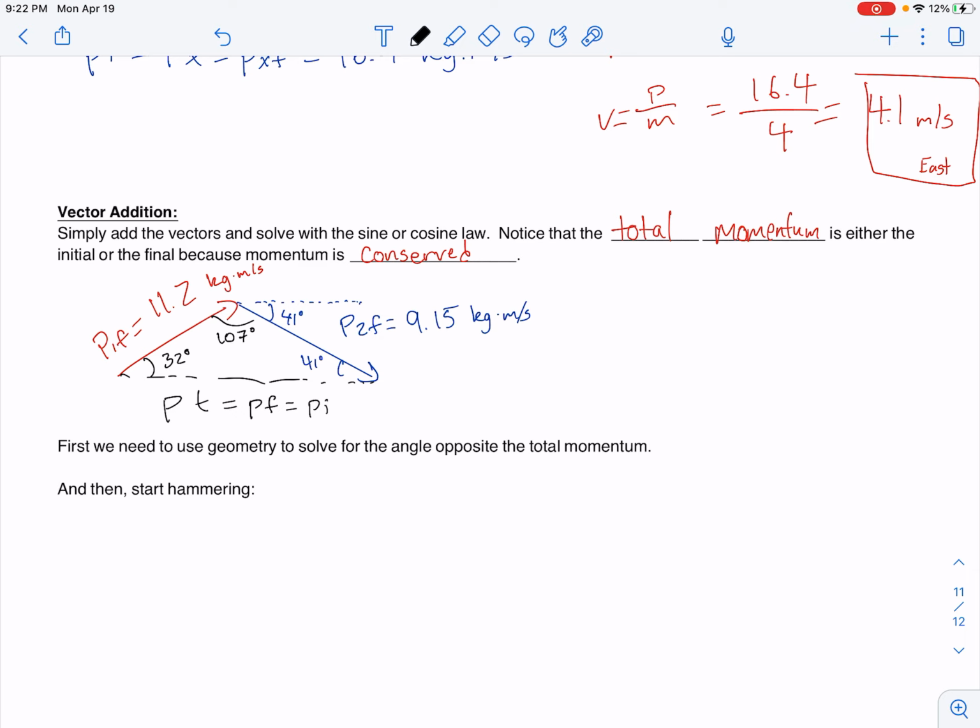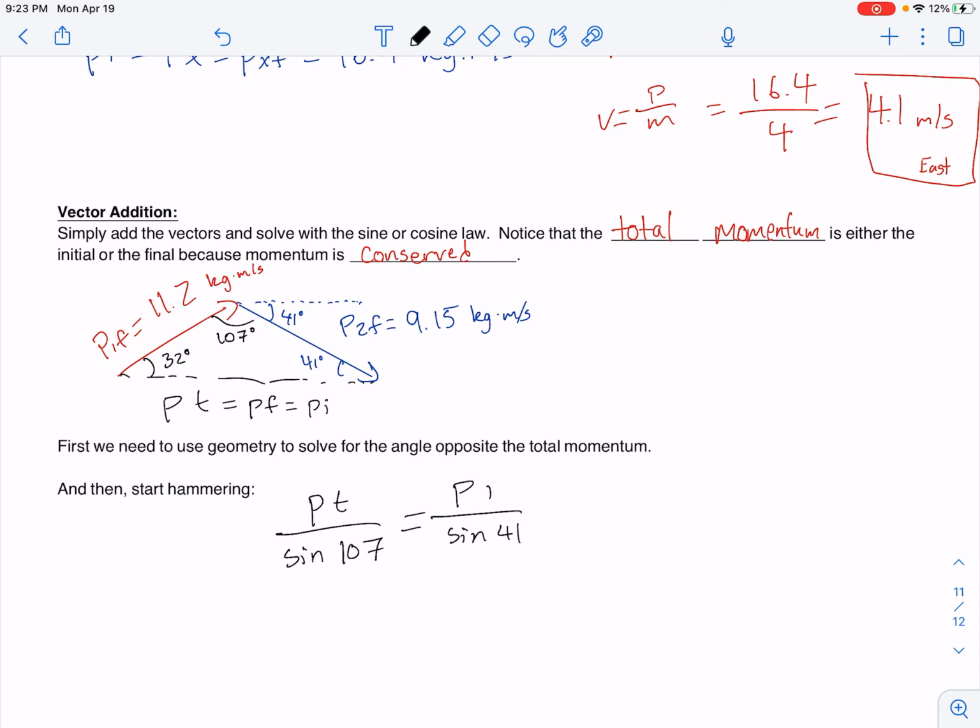Now, when we're solving for this, again, you can use the cosine law or sine law, whichever you are the most proficient in or comfortable with. When I'm solving for all these sides, I'm just going to use the sine law. I think it's a little bit easier. I'm going to take my total momentum divided by the sine of 107, and that's going to equal my side 1 over sine 41.